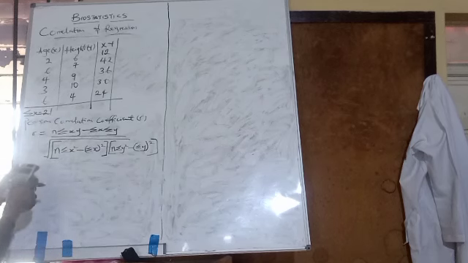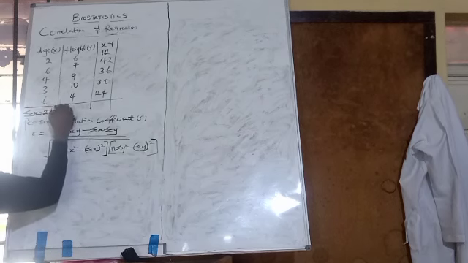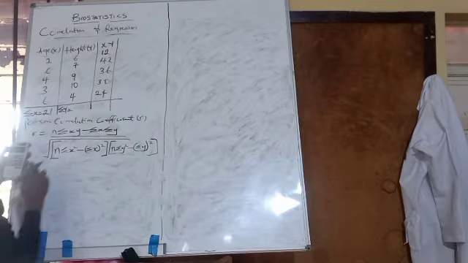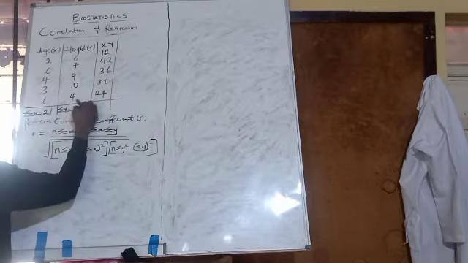We compute the same for y. Sigma y is equal to 6 plus 7 plus 9 plus 10 plus 4. This will give us 36.